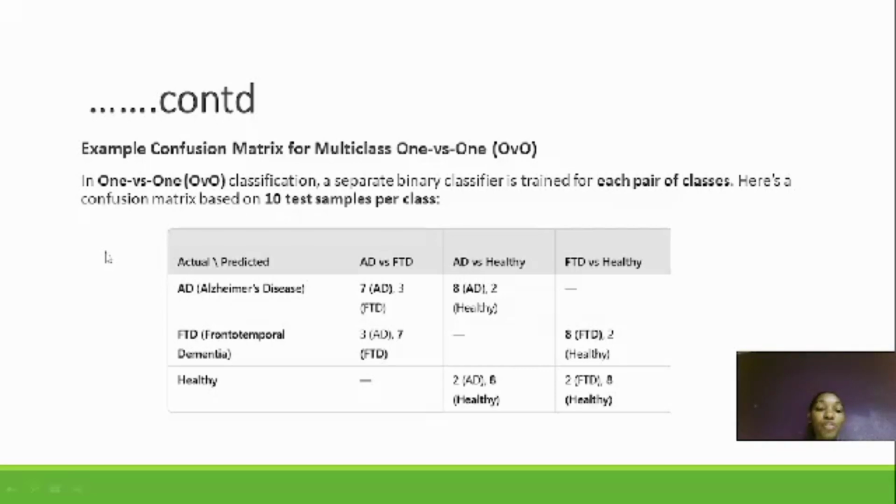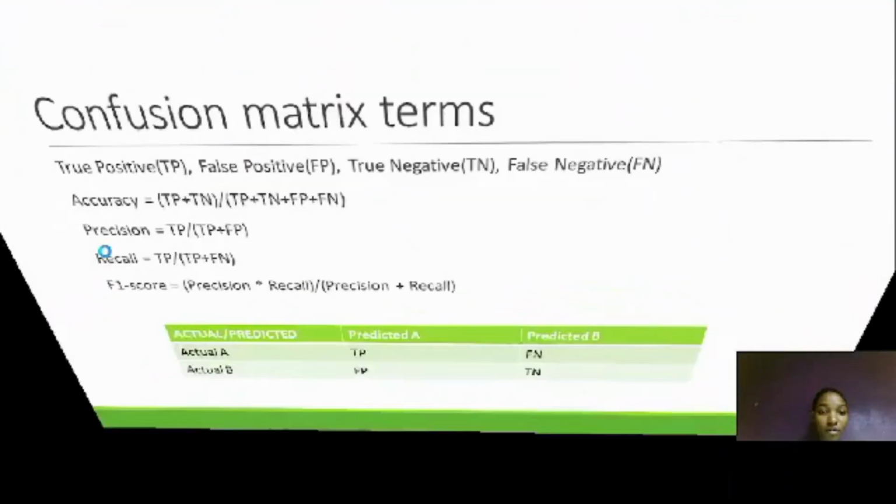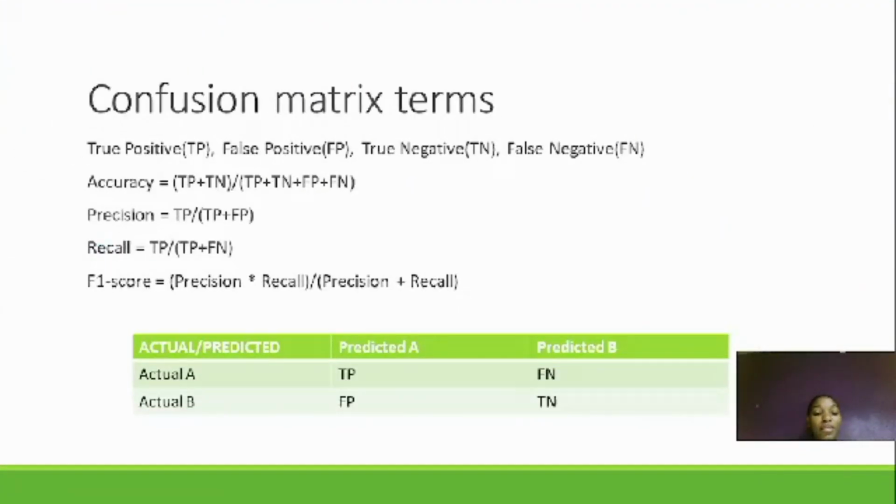In confusion matrices, there are true positives, false positives, true negatives, and false negatives. The vertical ones are the actual values, and the horizontal ones are the predicted ones.